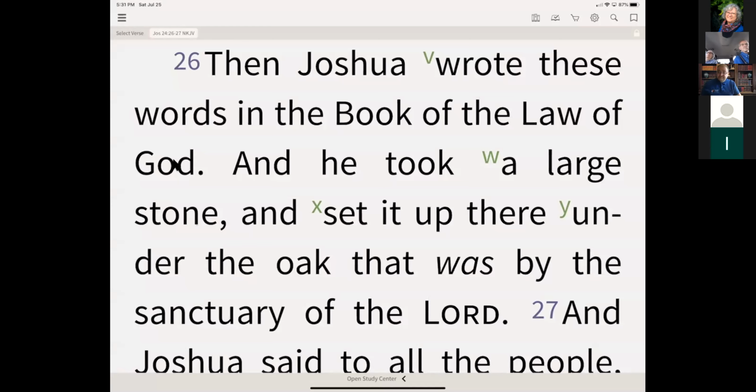Joshua wrote his entire book, what we know today in our English Bibles as the book of Joshua. He appended it to the book of the law. And the book of the law is the Torah, Sefer Torah.